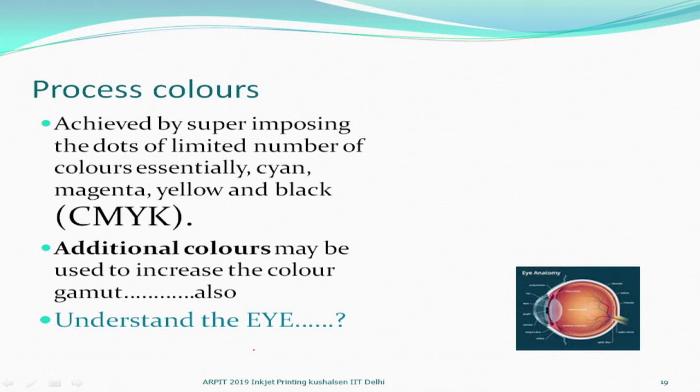So, only 4 colors spread around in different areas can give you a perception that this is a yellow or a reddish yellow or a greenish yellow or a bluish yellow. All those types of shades can be seen, observed, perceived.